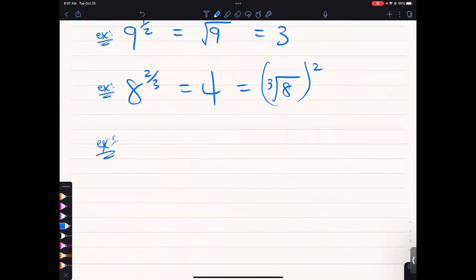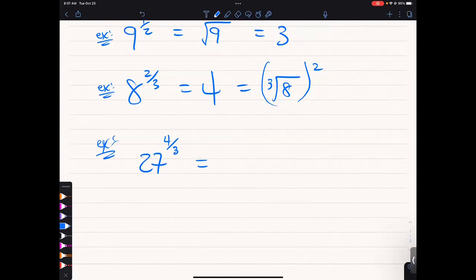Okay, so just like trying to think through this by hand for just a second. What would 27 to the 4/3 look like? So 27 we call the base sometimes, right? The number that has the power on it. 27 is your base.